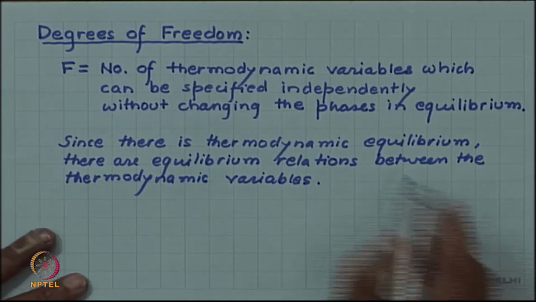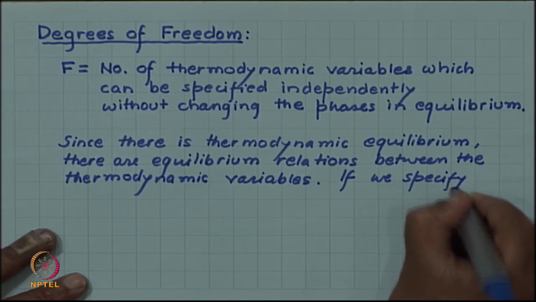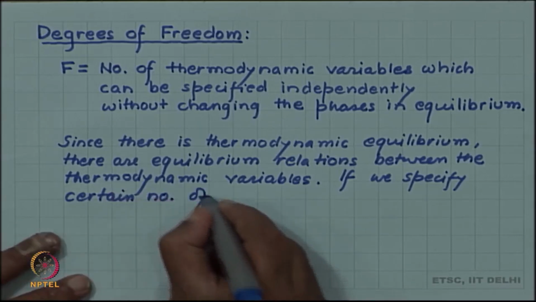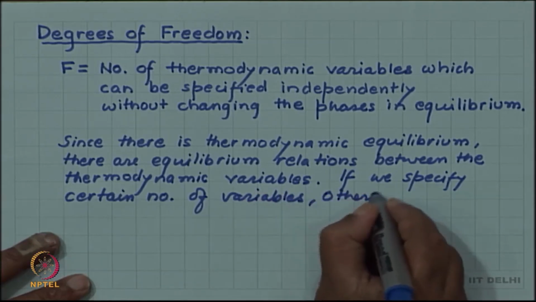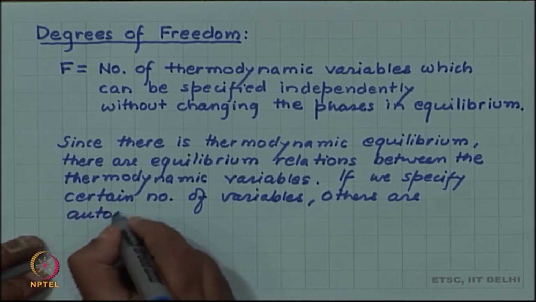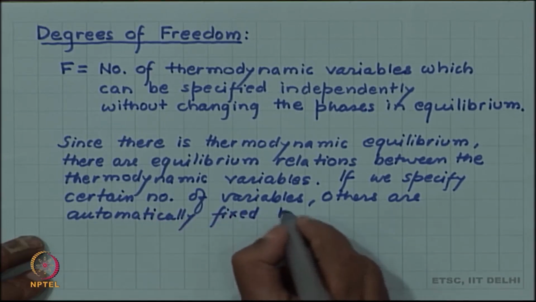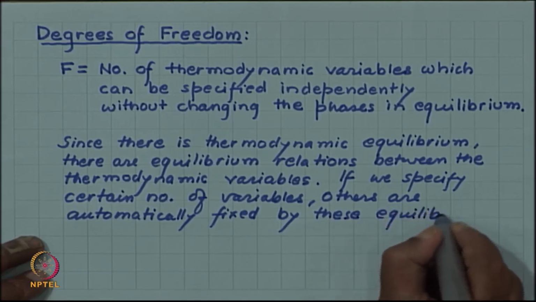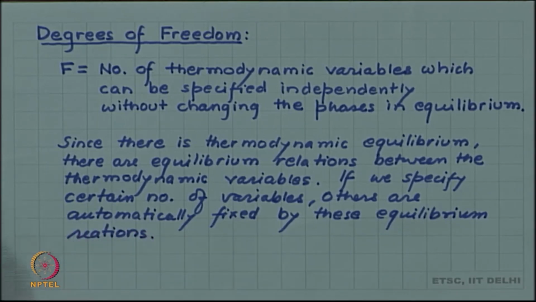So, that is why if we specify certain number of variables, others are automatically fixed by these equilibrium relations.